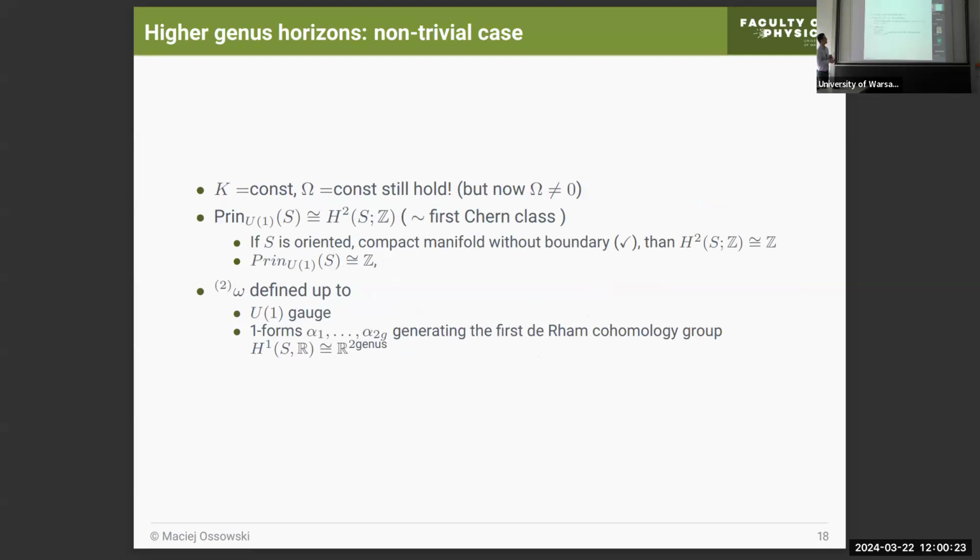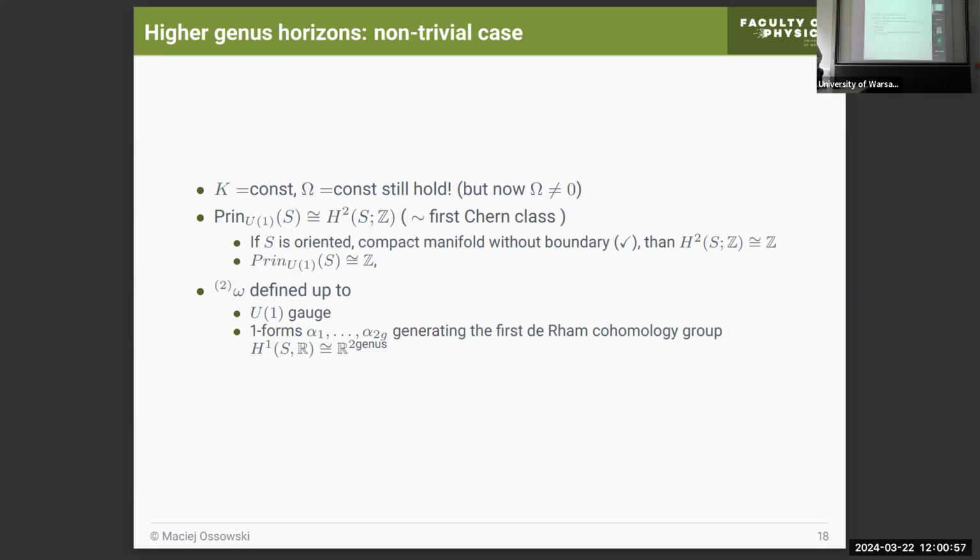Okay, so it turns out that in the non-trivial case, the story is very similar. We still find that k, the Gaussian curvature, is constant, and that omega is constant. However, now there is no constraint that omega is equal to 0. And actually, we want to exclude this case because omega 0 gives us the case of the trivial bundle.